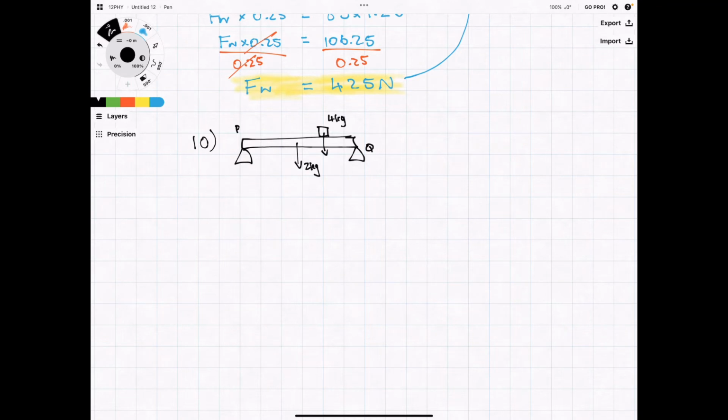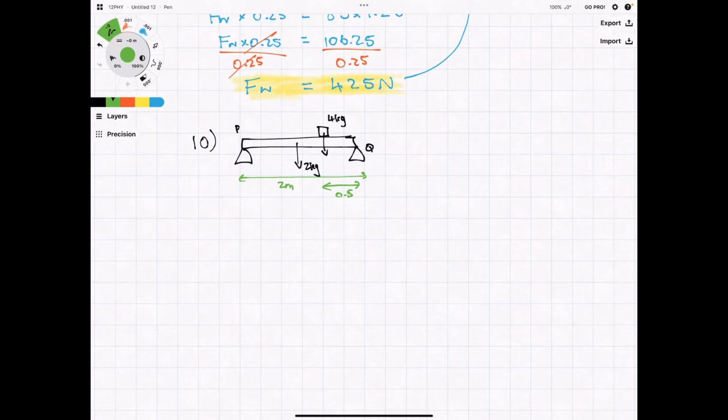We've got to turn these into forces. We know it's 2 meters long. And the object is 0.5 from one side.